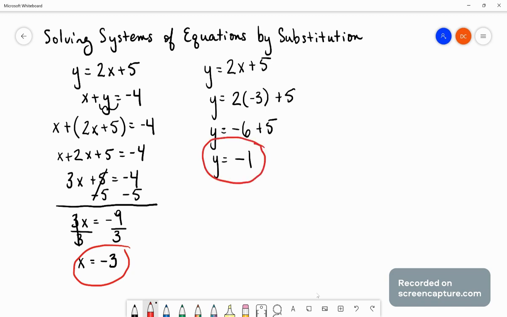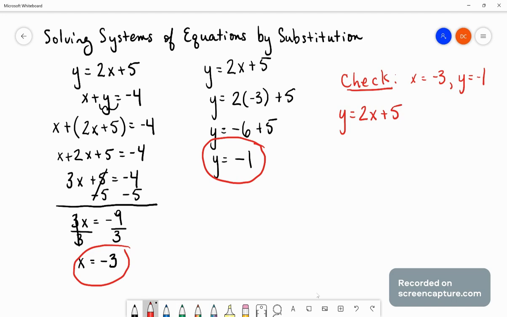And so we want to take these and check our answer to make sure that we are correct, that it works in both equations. So we want to check x equals -3 and y equals -1. We use each equation. First, y equals 2x plus 5.